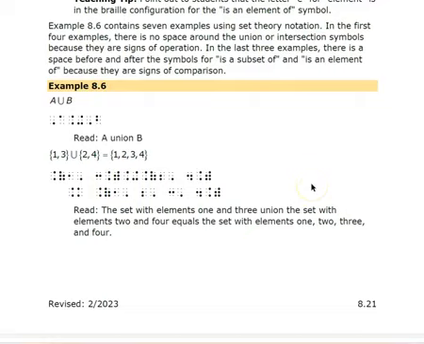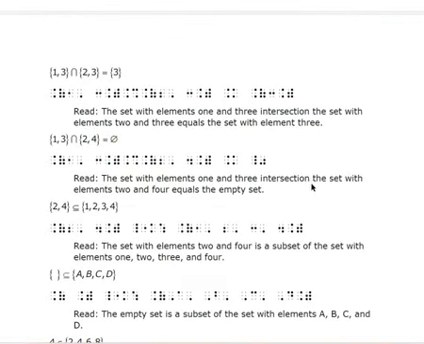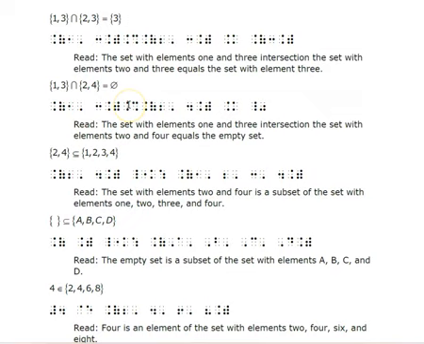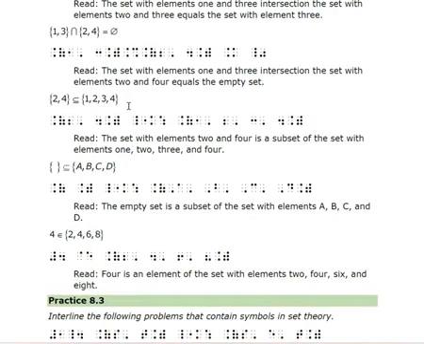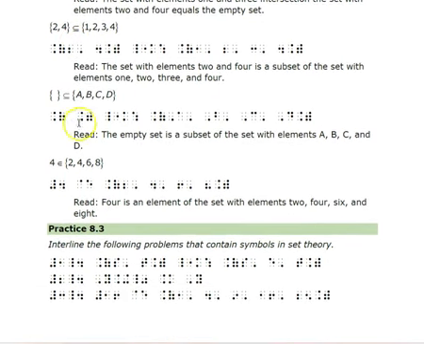Okay, so we're still in example 8.6. We have a null set in the third example. We have a subset listed in the fourth example. We have an open or null set, it looks like. So notice they just used the braces with nothing in between them, opening and closing brace.